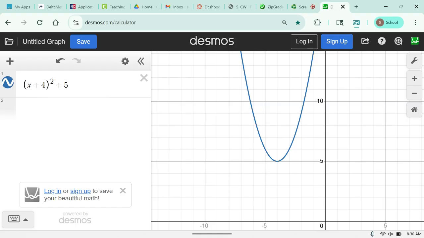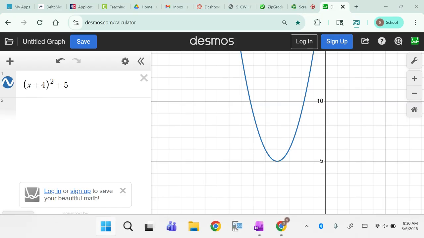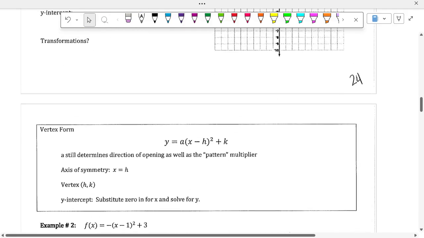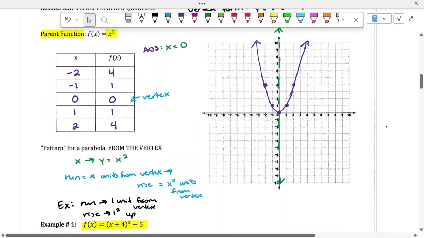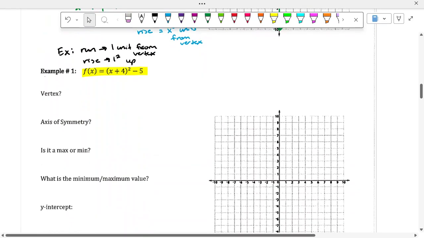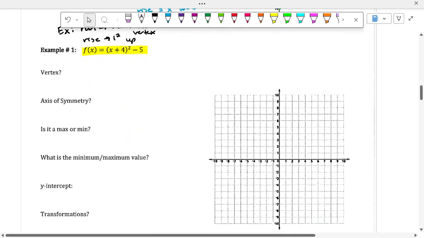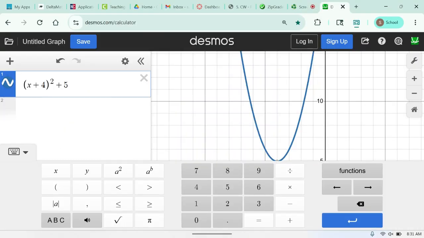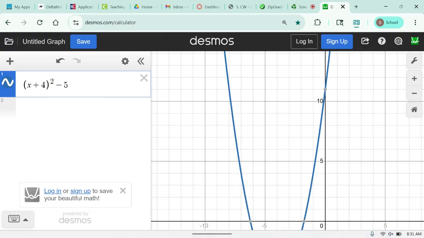So find all those key features. There we go.